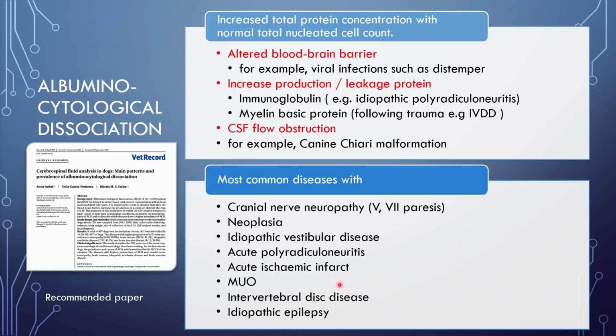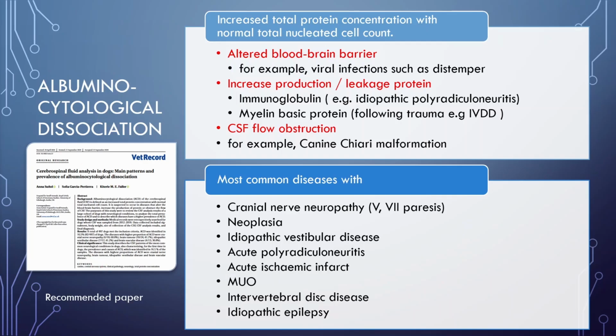They don't always have a raised cell count, following trauma such as intervertebral disc disease, and even with some cases of idiopathic epilepsy. And I really like this paper, so if you're interested in reading more about it and which are the most common diseases, then I would recommend that.